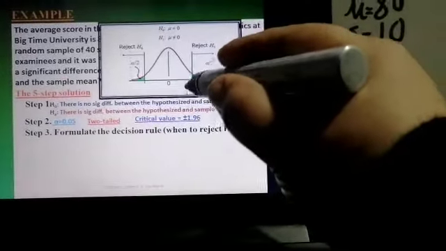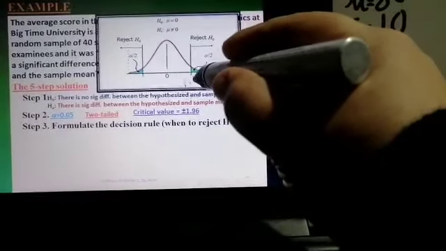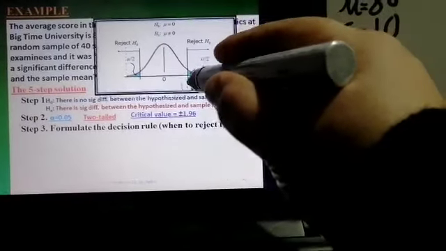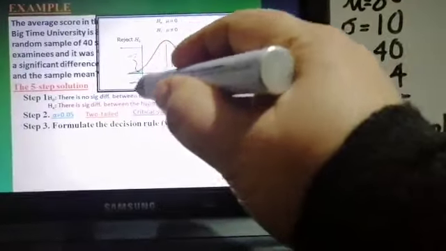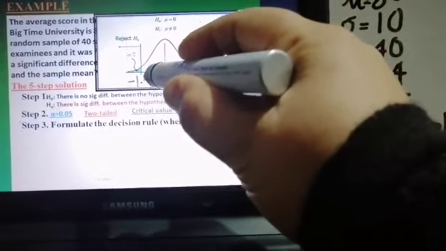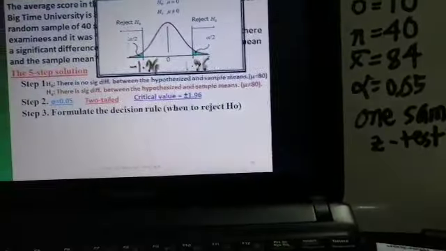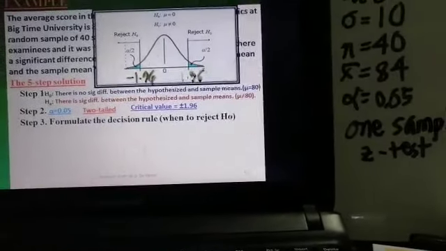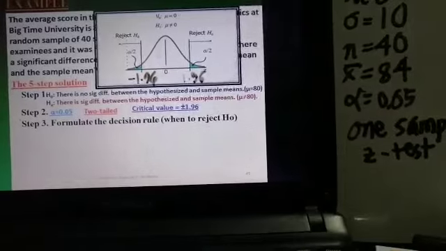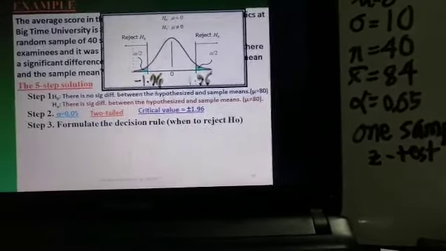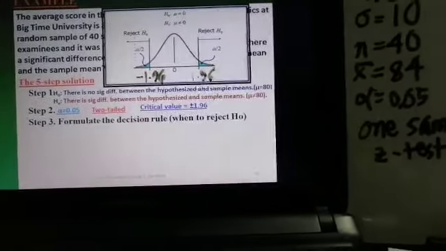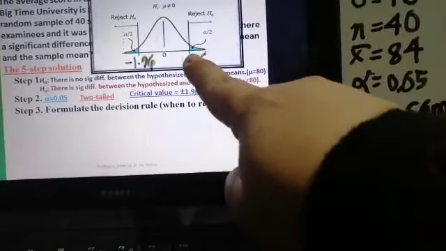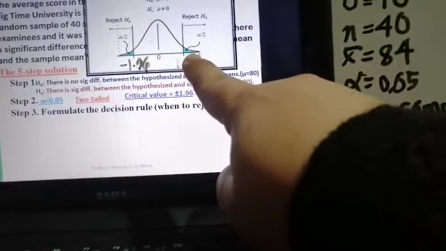Recall that our critical values are positive 1.96 and the other one is negative 1.96. So when do we reject our HO? If we get a value greater than or equal to 1.96, so if we get values from 1.96 and more than that, we reject the null.